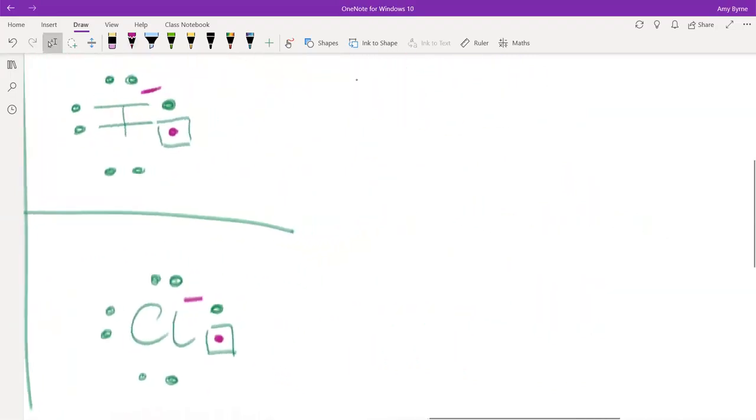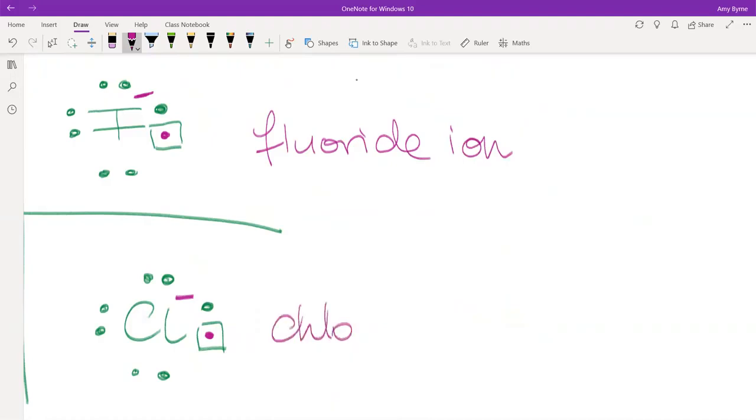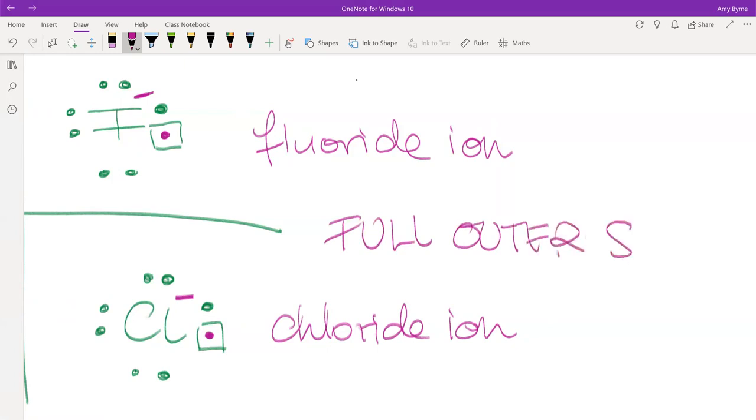So looking at those two guys, now that they're these ions, this is called the fluoride ion, and this is the chloride ion. These guys now have full outer shells. So those are now happy.